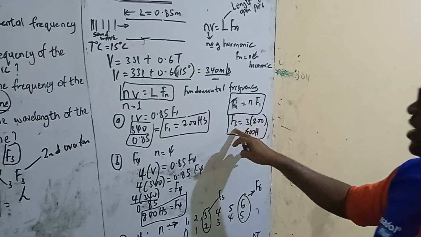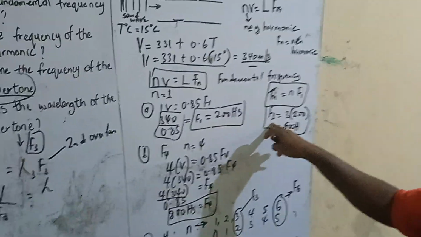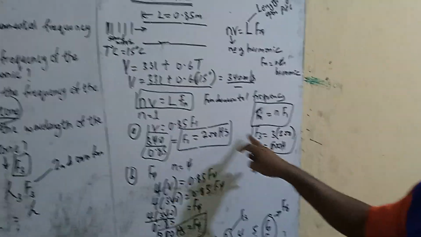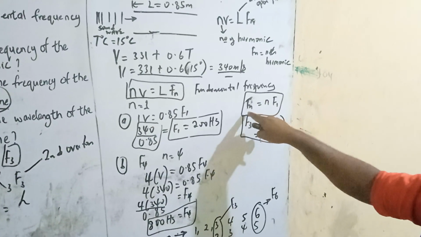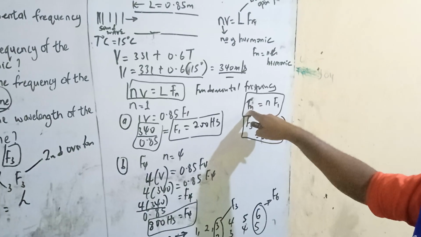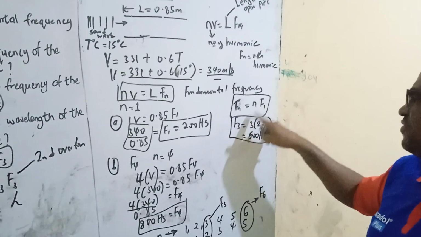So we can equally use this formula to get our F3. We can either use this formula to get our F3, or we use this formula also to get our F3. In this case, the n here is 3 and the coefficient n here is also 3. We make F1 the subject of the formula.